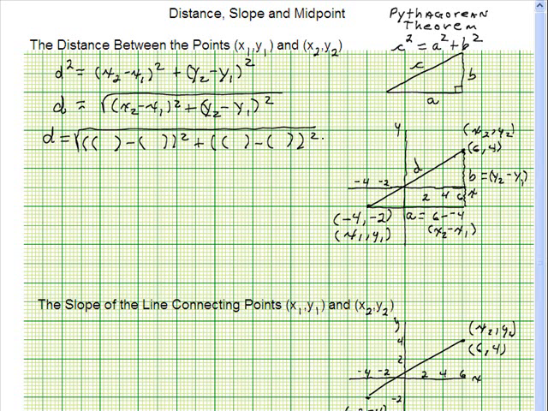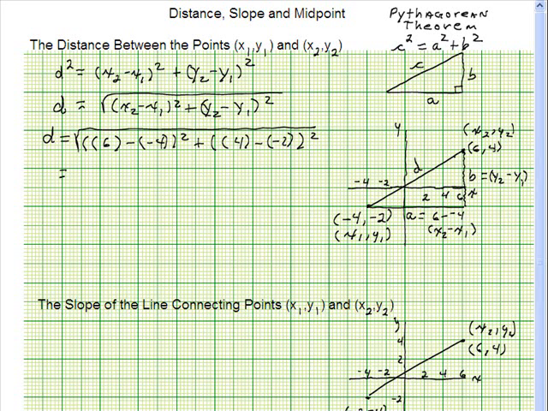The first numbers are x2 and x1, so x2 I can read up here as 6, and x1 I read down here as -4. The next numbers are y2 and y1. y2 I can read up here as 4, and y1 I read down here as -2.